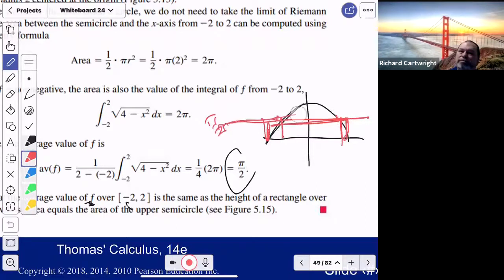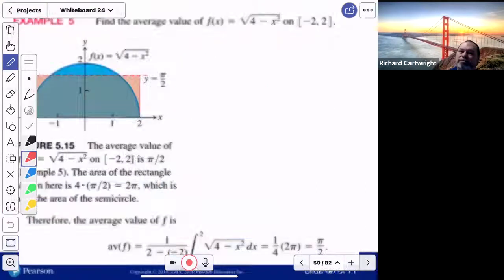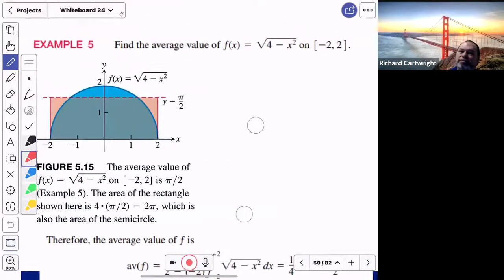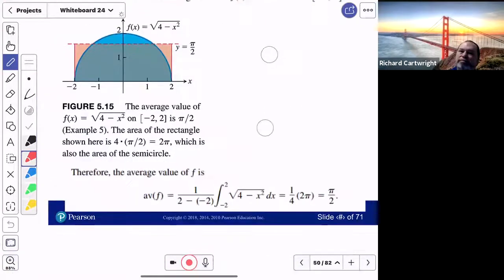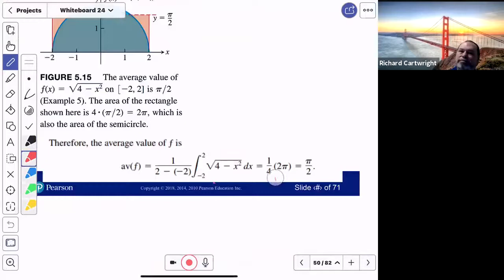It's the y value, that's your average value. It gives the same answer. Same problem. He worked it out with geometry. He didn't show me how to integrate that, so it's like, what? Can't do it either. He did it with geometry.